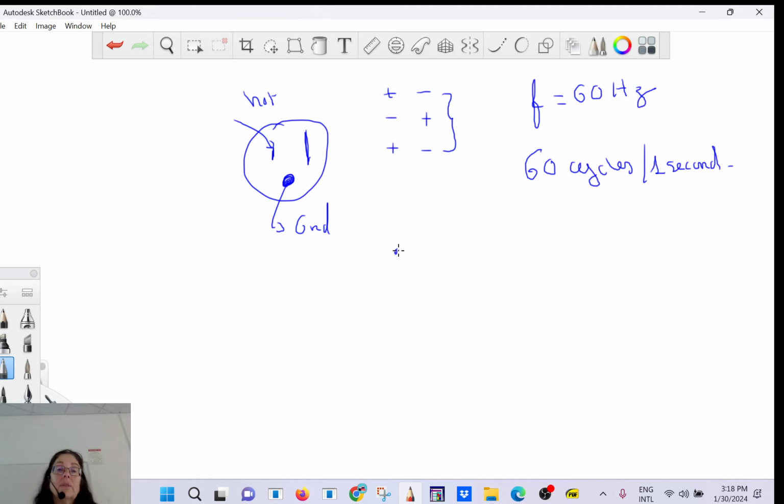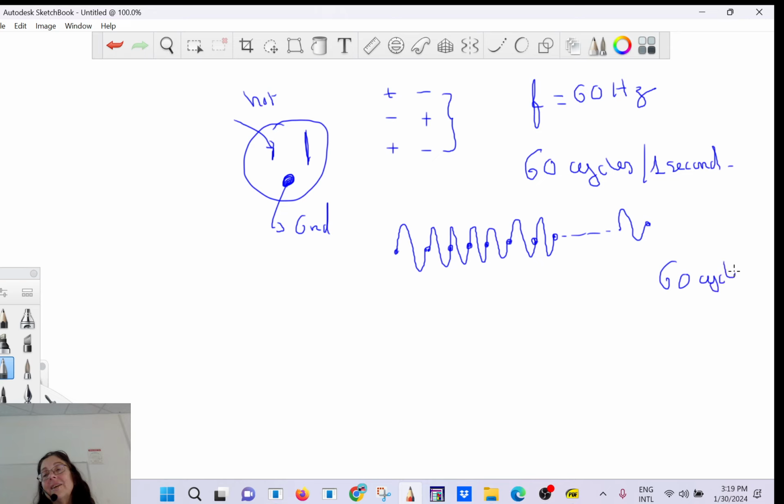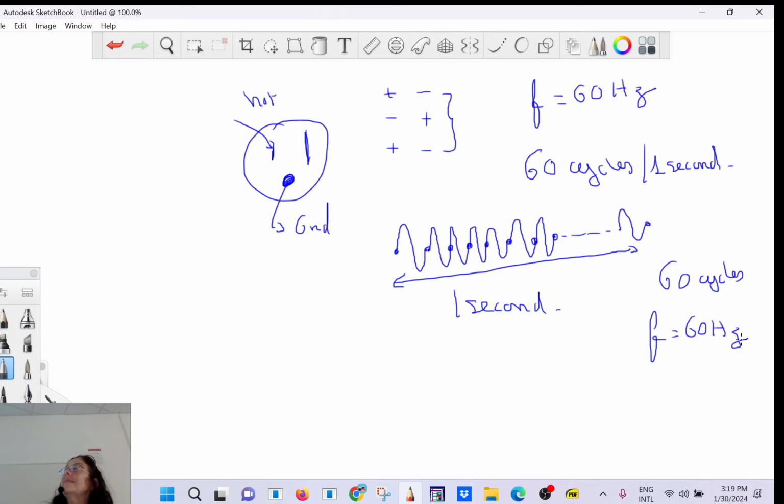It means in 1 second it's going to go up, and then 2, and then 3, and then 4, and then 5, and then 6, and then 7, and then 60 cycles in 1 second. So that will be the definition of the frequency. So the frequency here is 60 hertz.